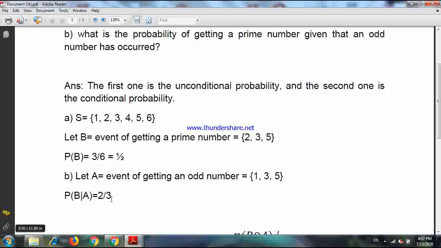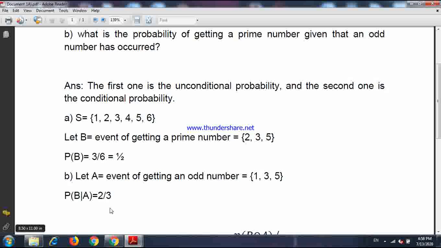If we have the prior information that an odd number has already occurred, the given probability is nothing but the chance of getting a prime number out of the odd numbers only, because we have the prior information that an odd number has occurred.